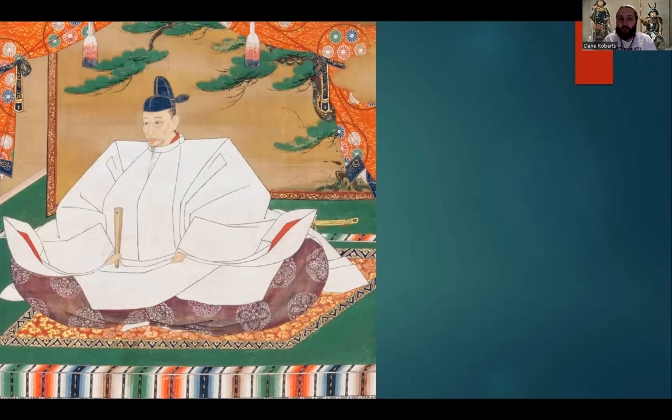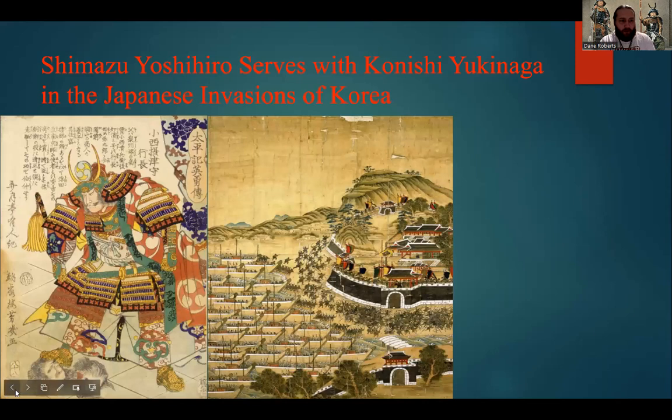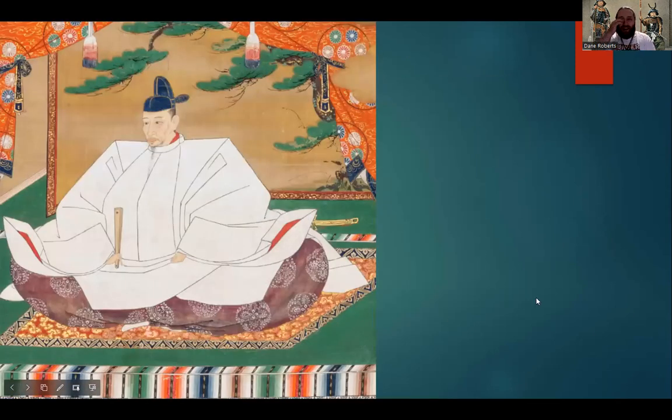And much like the Chosakabe clan, this would bring the Shimazu clan into conflict with Oda Nobunaga's successor, Toyotomi Hideyoshi, who, much like he did with the Chosakabe clan, would first send emissaries saying, "Hey, join me. Swear an oath of fealty. Become my vassal. We don't have to fight it out. You can give up willingly."